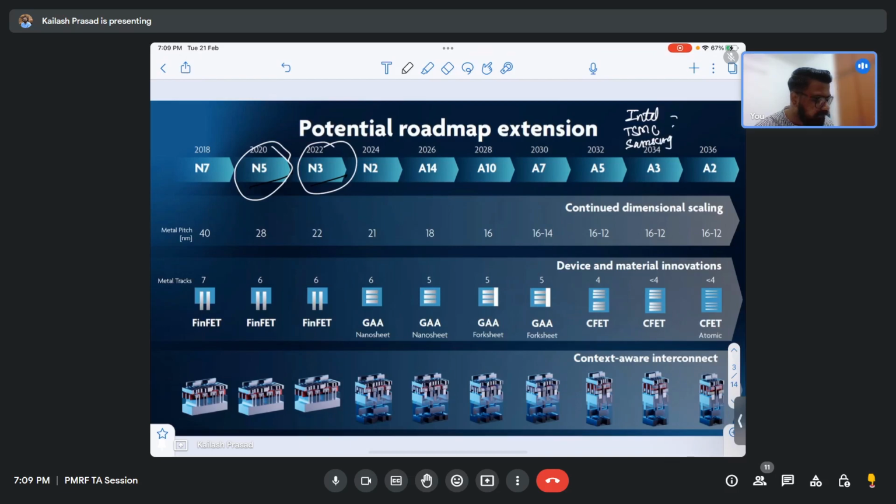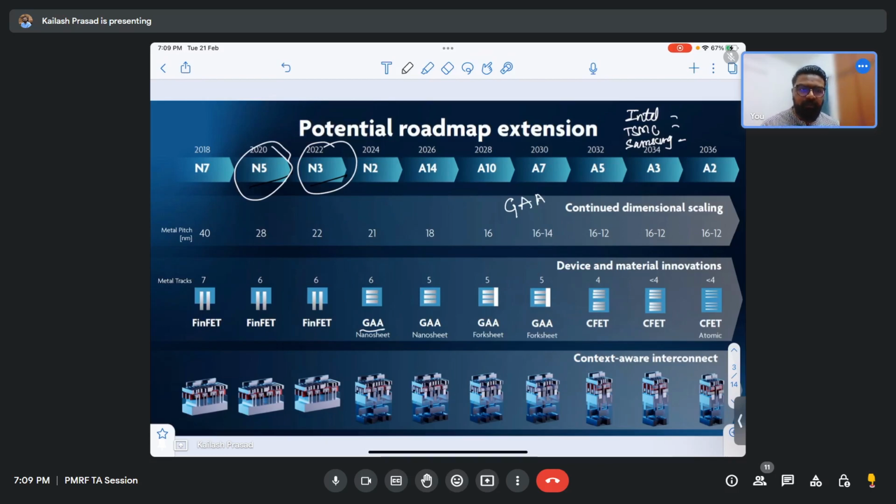All three are aggressively working on a new device architecture, whose general name is GAA, gate all around. Many people also call it nanosheets.